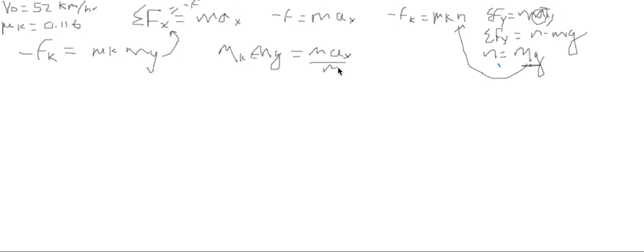Divide by mass to find acceleration, and the mass will cancel, and we're left with mu k, the coefficient, times gravity is equal to acceleration.